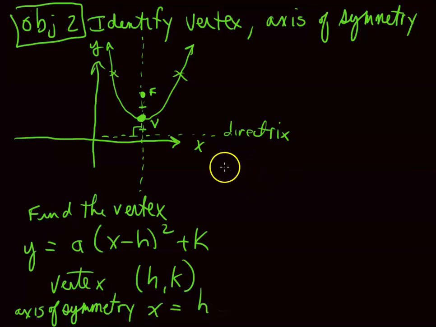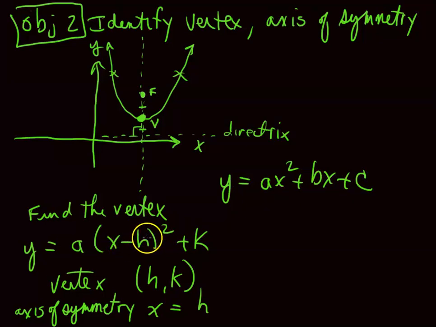But suppose you had something else that wasn't as easy to see. So it's ax squared plus bx plus c. This form of the quadratic. You can put it in vertex form, but it's just as easy to look at the opposite of b over 2a for the x-coordinate.